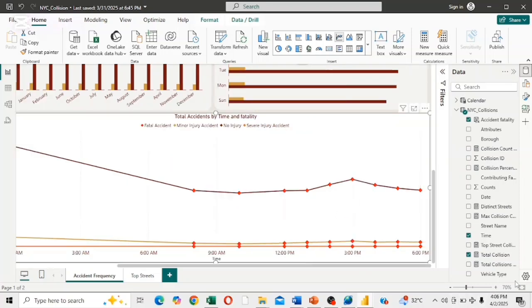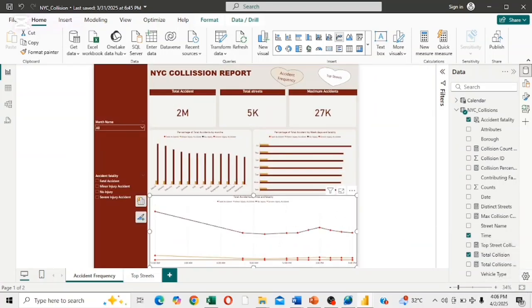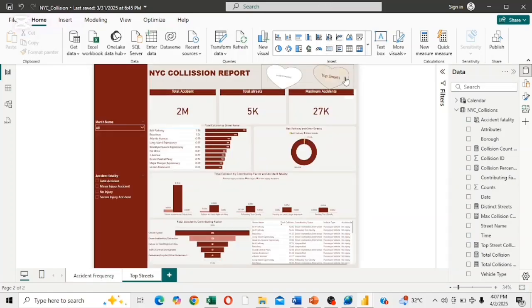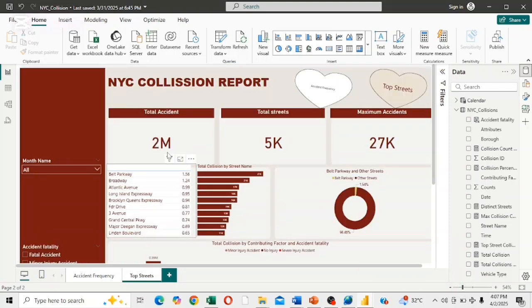So I'm going to navigate using my control and a click on my page navigator to move to the other dashboard. Okay, this is showing us the streets with accidents, and here the first one I'm going to be looking at is the accident by percentage of collision of each accident.